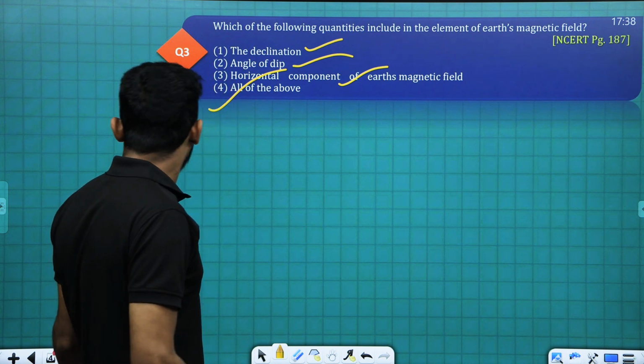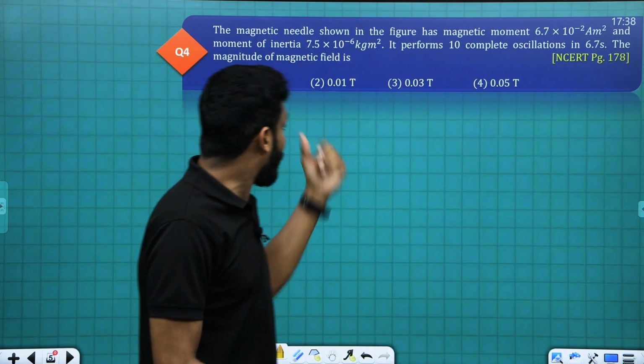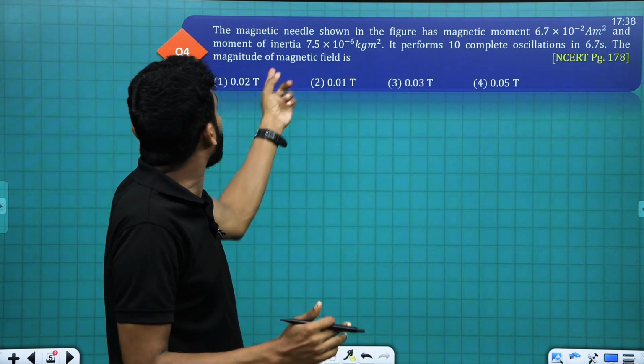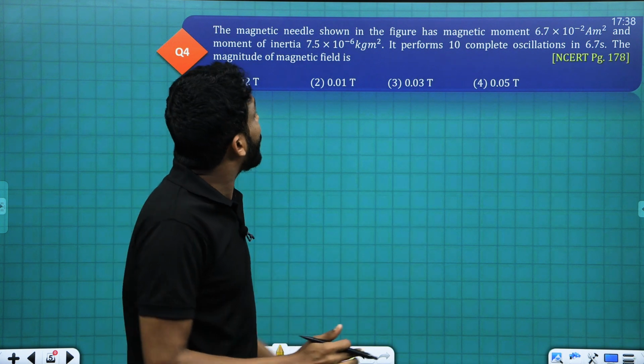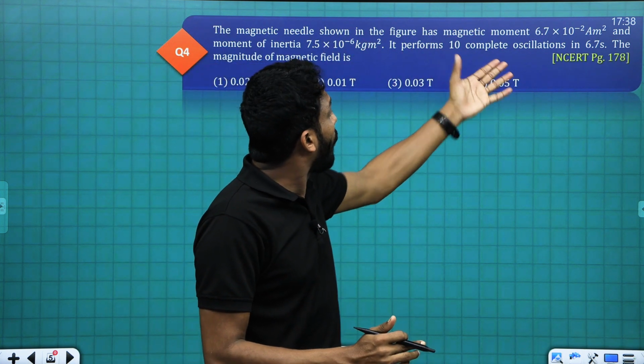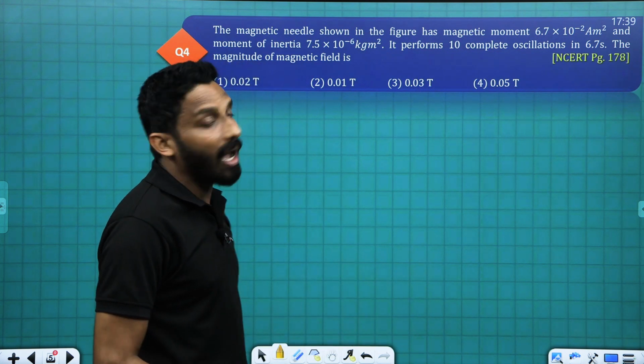The next one: the magnetic needle shown in the figure. There is no figure, we can just imagine one; there is no need of a figure here because all the quantities are given. The magnetic needle has a magnetic moment M equal to 6.7 into 10 power minus 2 ampere meter square.